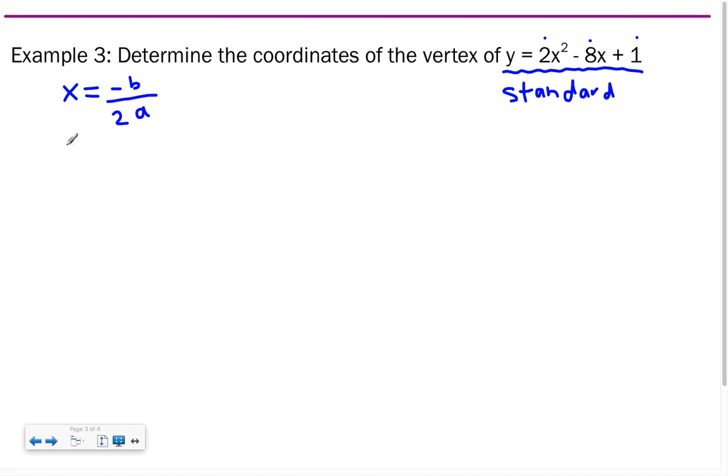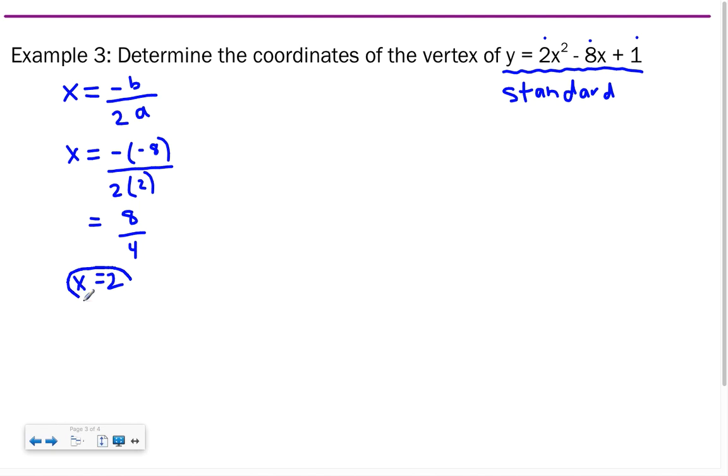So in this case, if we want to find the x-coordinate of our vertex, or our axis of symmetry, we've got negative b, so negative (-8), over 2 multiplied by our a value, which is 2. So we've got positive 8 over 4. So our x-coordinate of our vertex is 2.